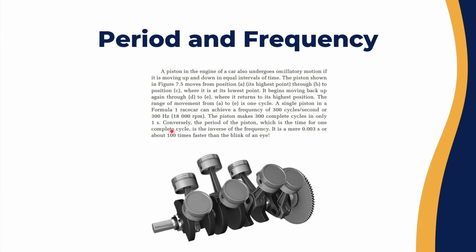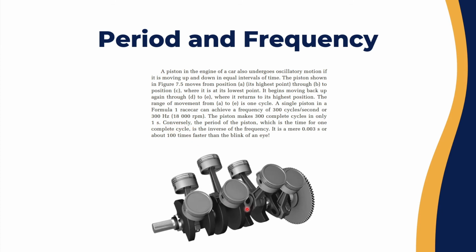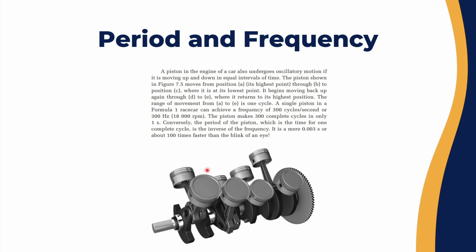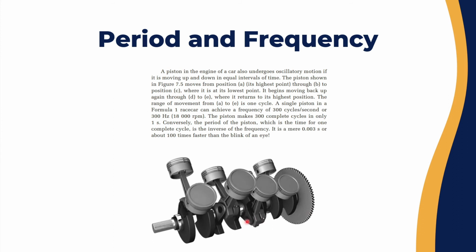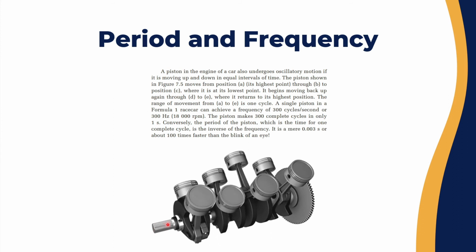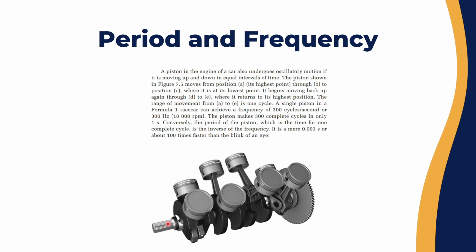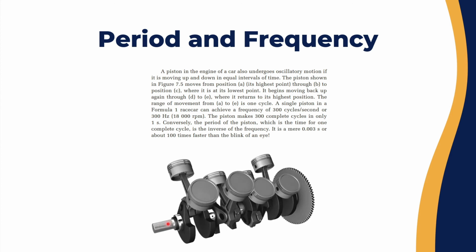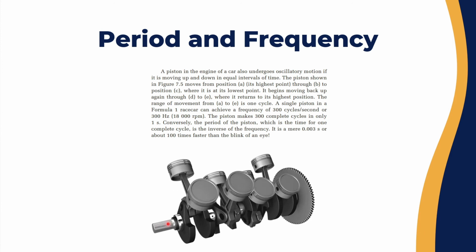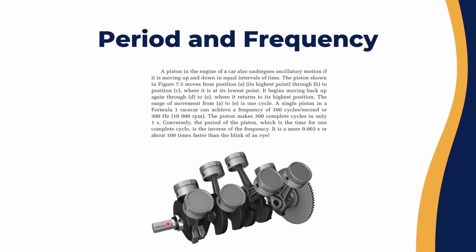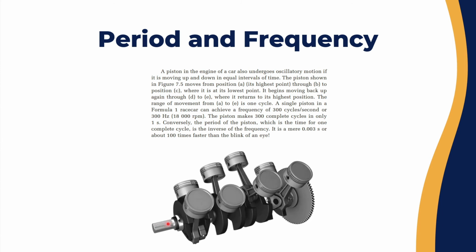That roaring sound that you hear from the engine is the sequence of the motion of those cylinders and the sequence of explosions between them, which spin the crankshaft and deliver the output force to the powertrain and to the wheels. If you want to know the period of that piston that has 300 complete cycles in 1 second, the time for one complete cycle is the inverse of frequency. So it is 0.003 seconds, or 100 times faster than a blink of an eye.